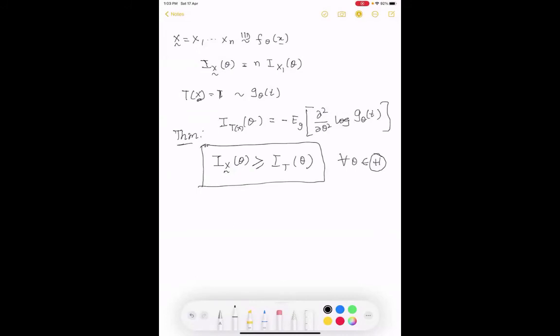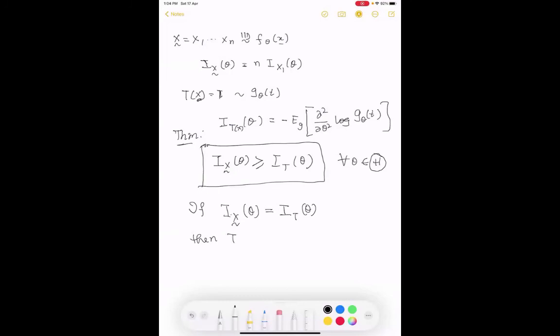So that means if I can show that my total Fisher information I x tilde theta is equal to I of the statistic, the Fisher information in the statistic, then I can say that my statistic, which is in say one dimension, contains all the information that we have in x tilde, which is in n dimension.